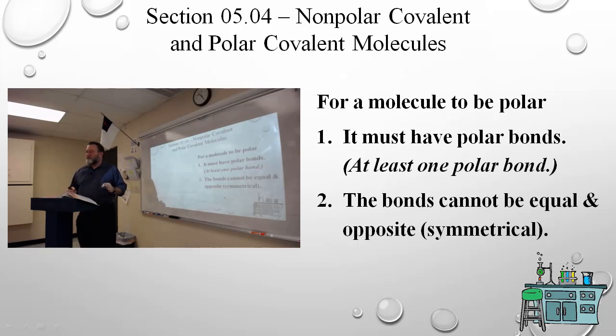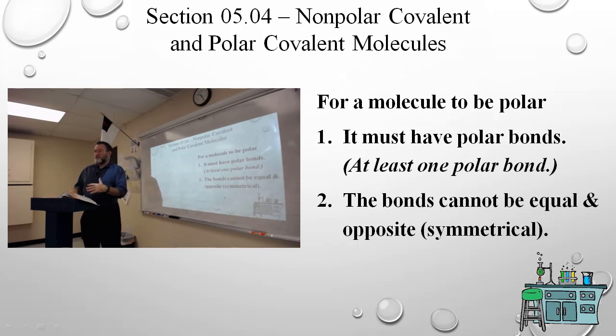So this is a test for asymmetry. If it has polar bonds, it could be polar. If it has polar bonds and it is asymmetrical, it's polar. Okay. If it has polar bonds and it is symmetrical, it doesn't meet the requirements to be polar, therefore it is nonpolar. All right? You see the logic there?